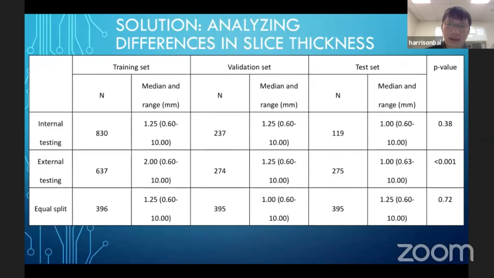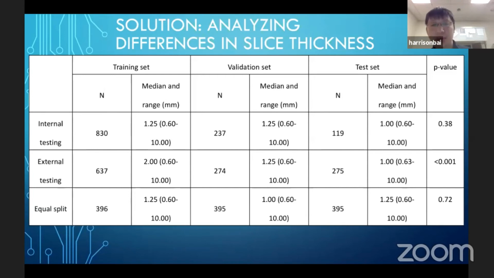So we also looked at some different parameters just to see how things are different. One thing we looked at is slice thickness. We found that for the internal testing, where we split into 7:2:1, the slice thickness is pretty much the same among training, validation, and test, and the same for the equal split, where we split into equal sample sizes.